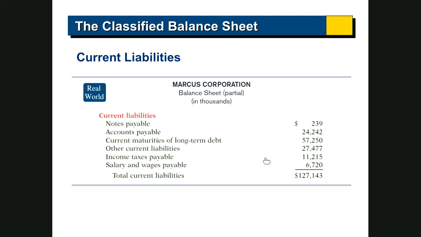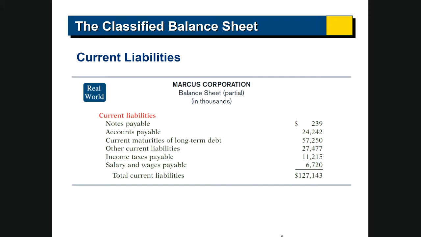In case we find current maturity of long-term debt in current liabilities, it means we will find the rest of the amount in long-term liabilities. That is exactly right. Very good. Excellent. Okay. Thank you. All good questions. Any other questions?